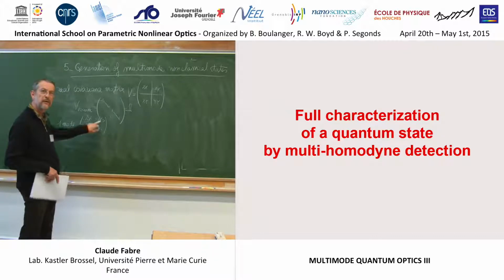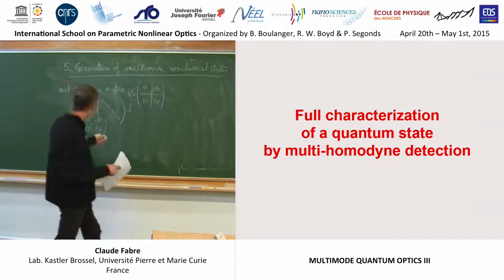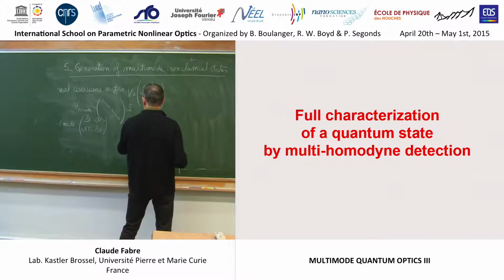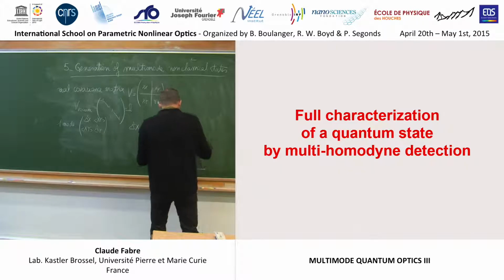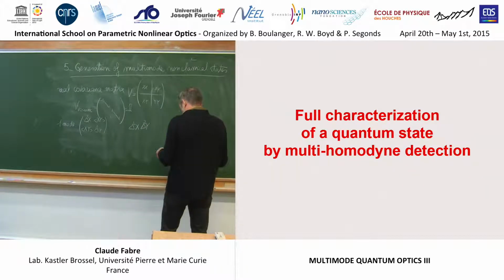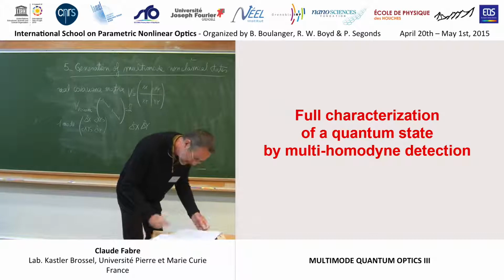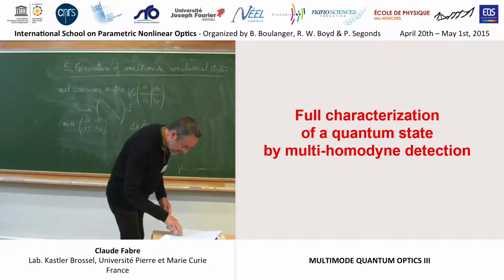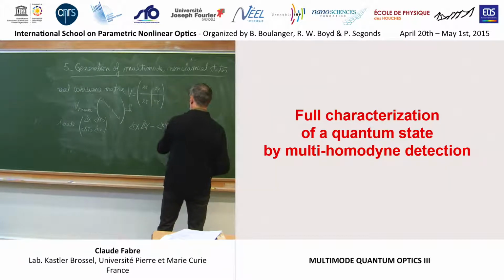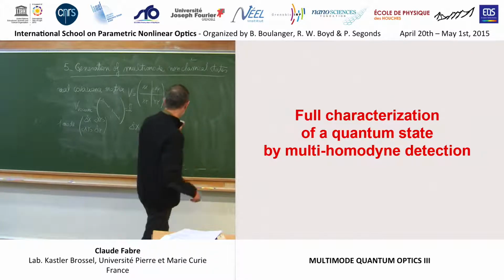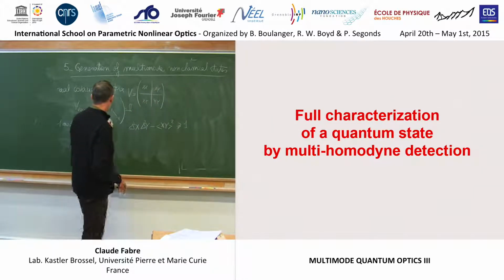Usually you don't care about correlations, but there is an extended Heisenberg inequality which tells you that the product of the variances, minus the correlation xy squared, is bigger than 1, yes. Okay, this is Heisenberg.